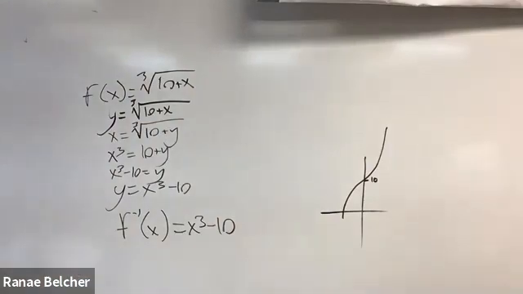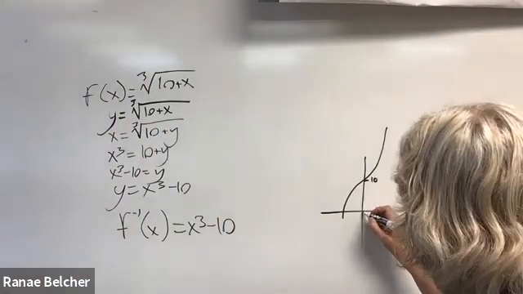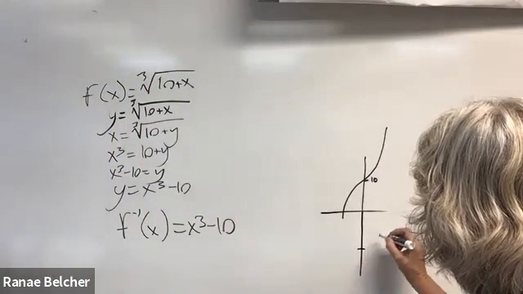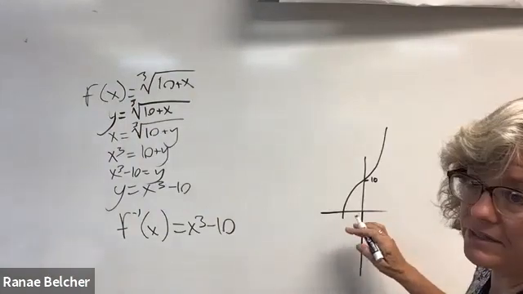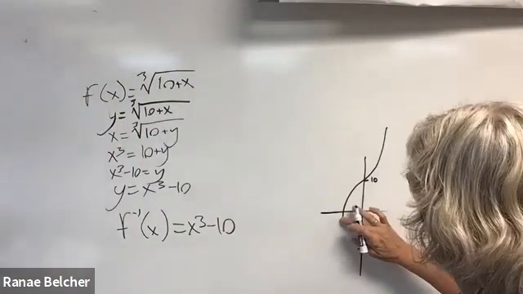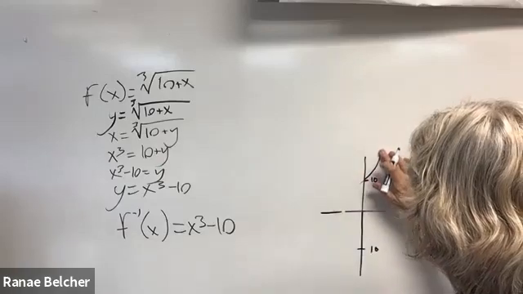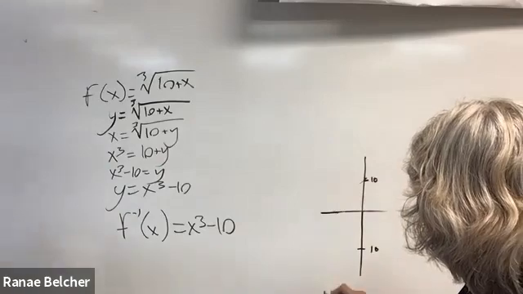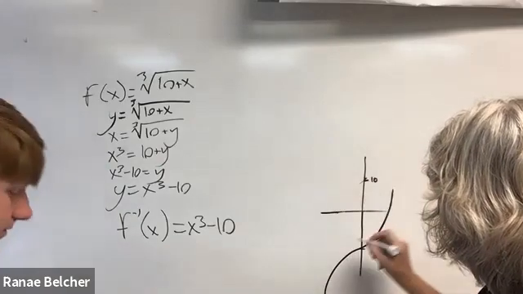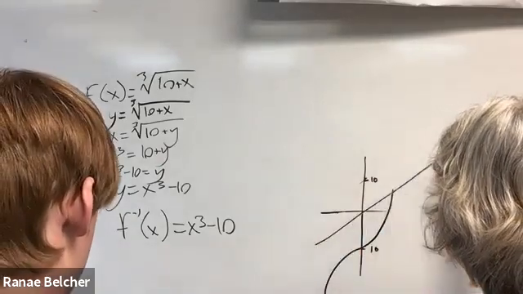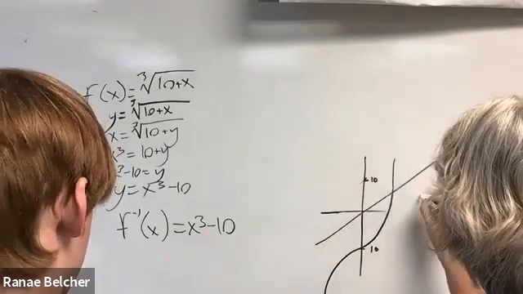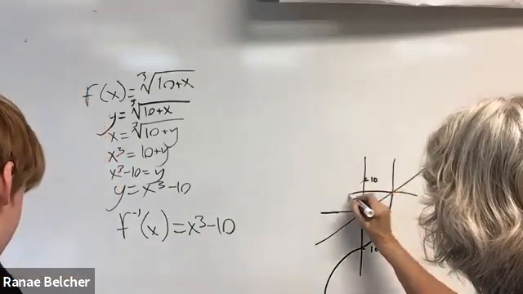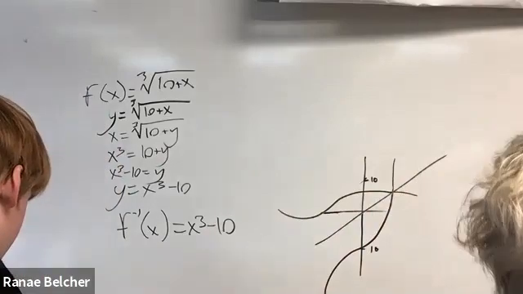So it gets moved down. I was wrong. It does get moved down 10 because it's minus. It crosses my line. Not bad.